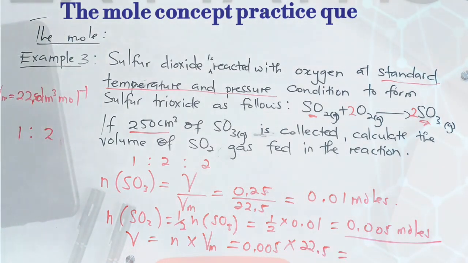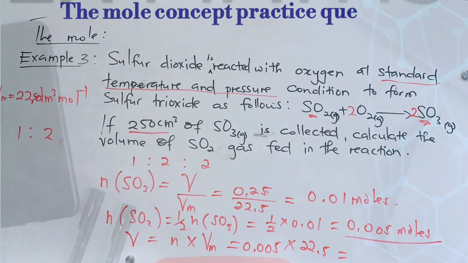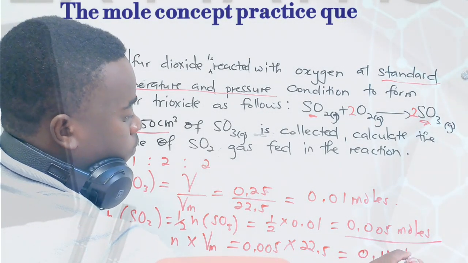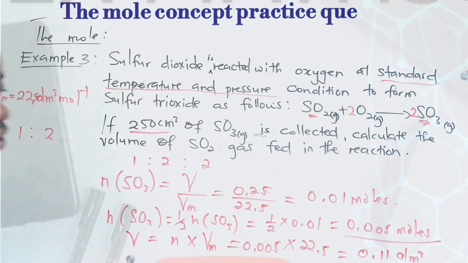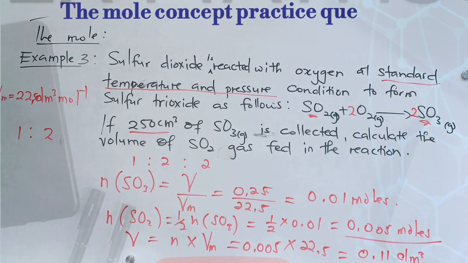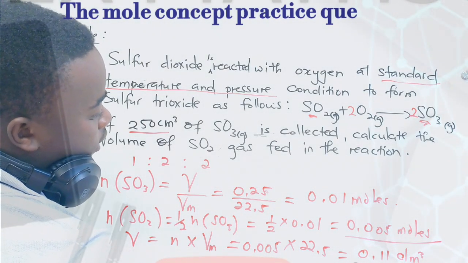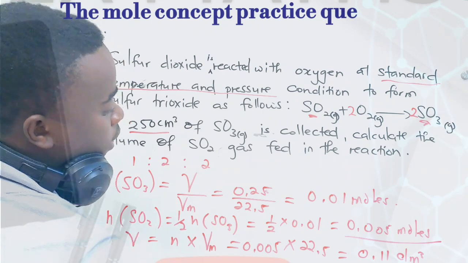This is equal to 0.11 cubic decimeter. If we want to change it to cubic centimeters, you just multiply it by 1000. This will give us 110 cubic centimeters.